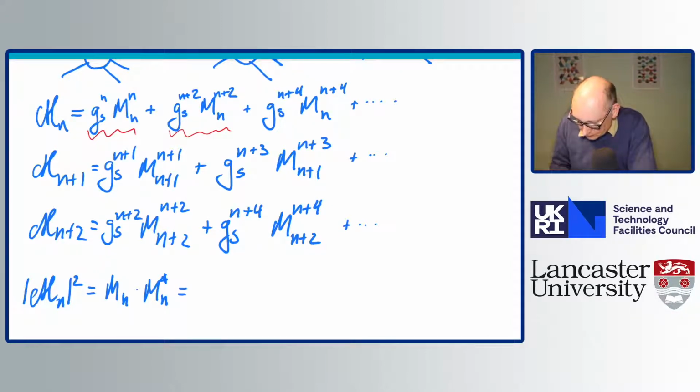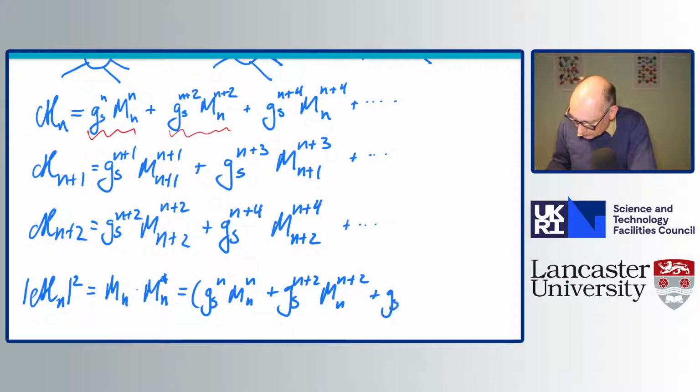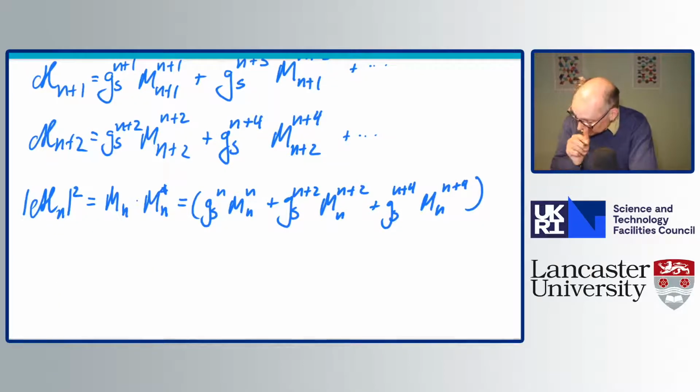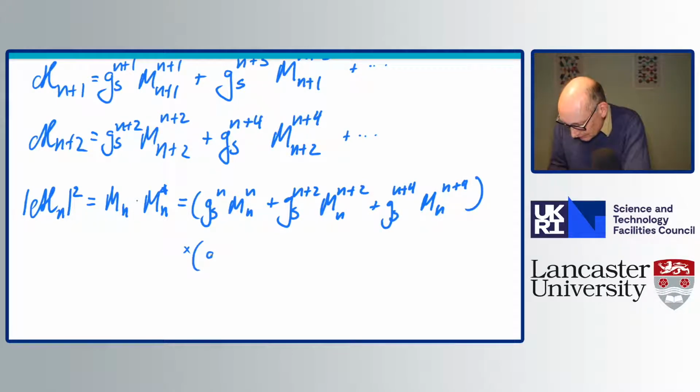So that's equal to g_s^n M_n^n plus g_s^(n+2) M_n^(n+2) plus g_s^(n+4) M_n^(n+4) times the complex conjugate. g here is just a real coupling.